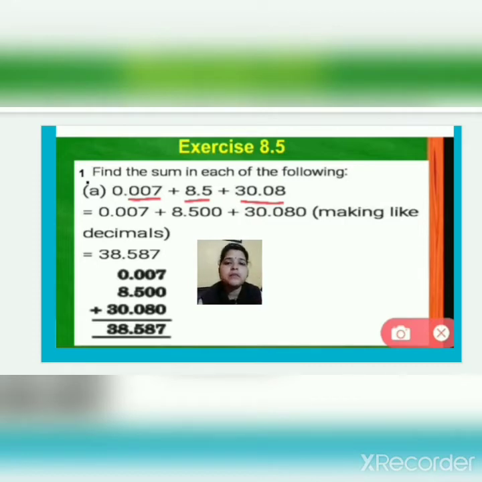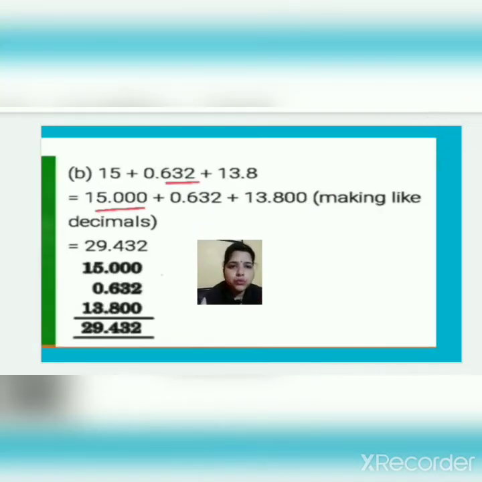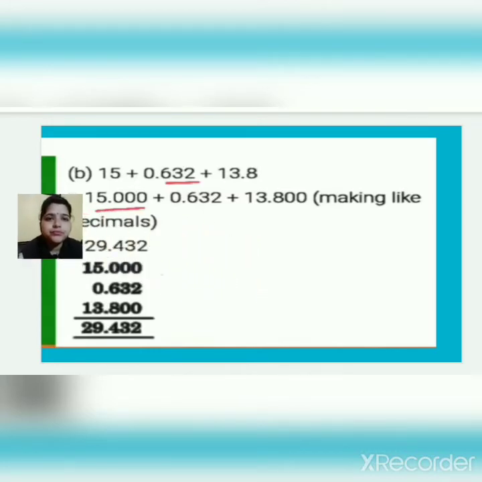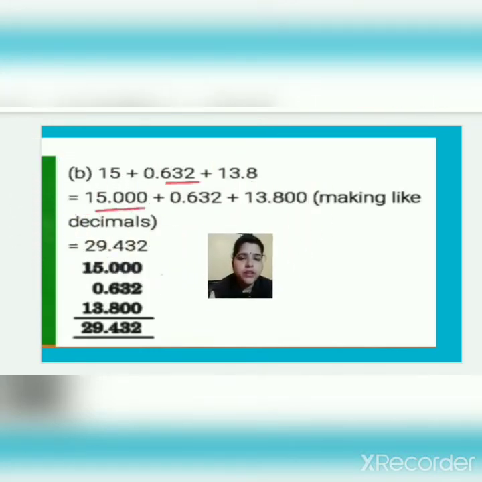Okay. Question number 2 we are having is, yes, question number 2, 15 plus 0.632 plus 13.8. So you can observe here after the decimal point we are having three digits. Okay, 3 digits.